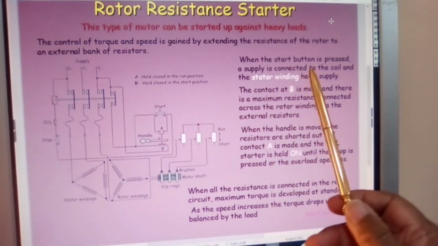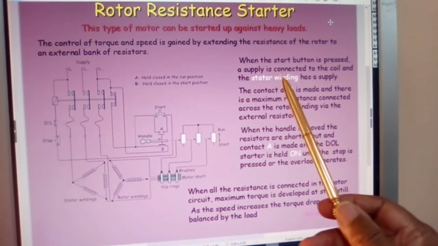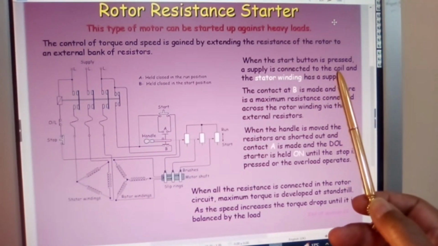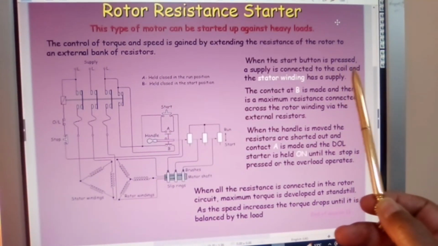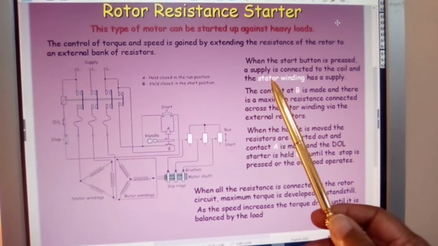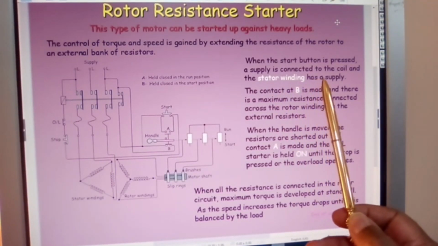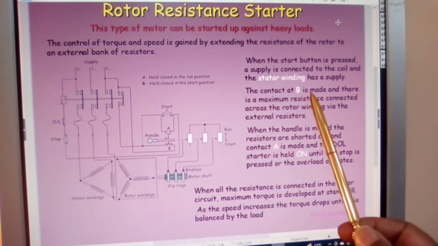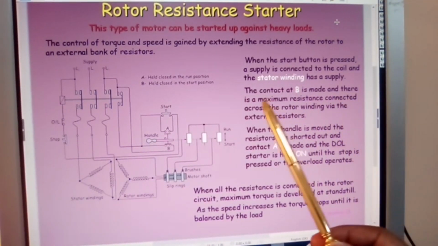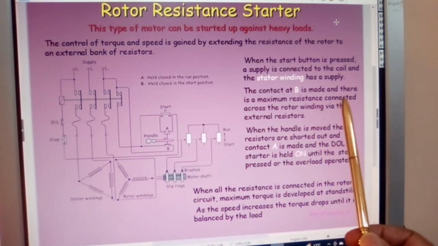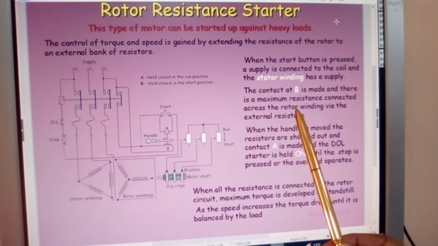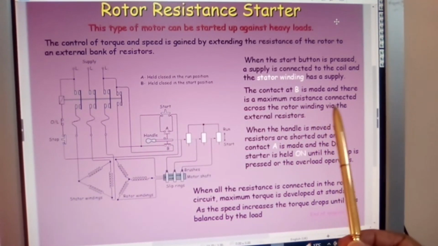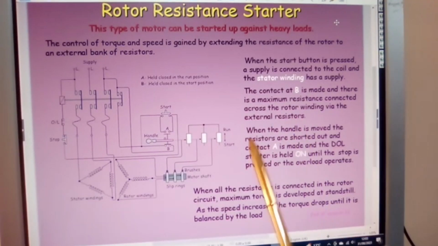When the start button is pressed, a supply is connected to the coil, and the stator winding has a supply. The contact at B is made, and there is a maximum resistance connected across the rotor windings via the external resistors.